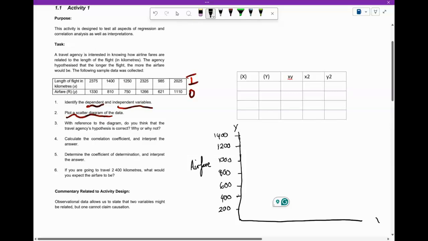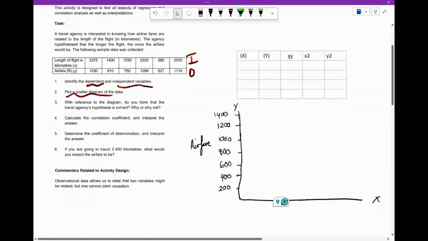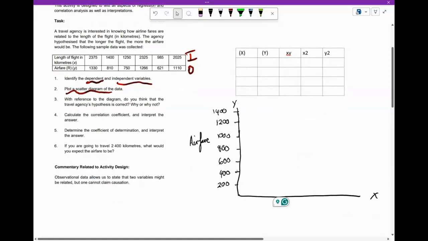Then we have our x-axis. Here this is obviously 0. We don't have any negative values, thank God for that. The highest value we have is 2,000-something. Let me move in 500s just to make our lives easy.